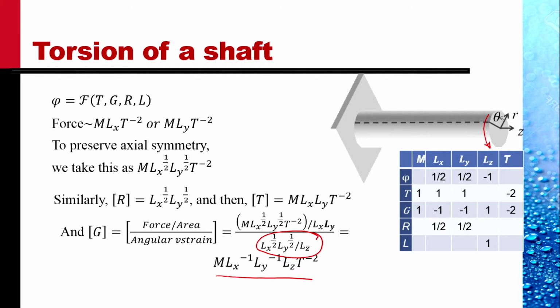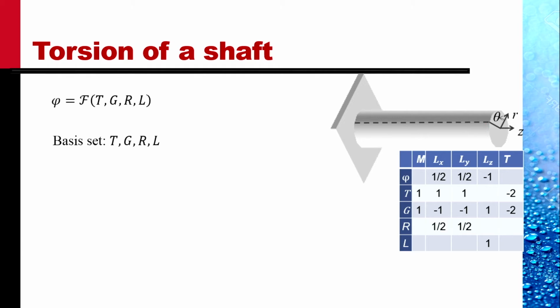The dimensions that we have calculated on the left have been transferred to this table. We use these 4 quantities as the basic set, and so we get only one pi number.